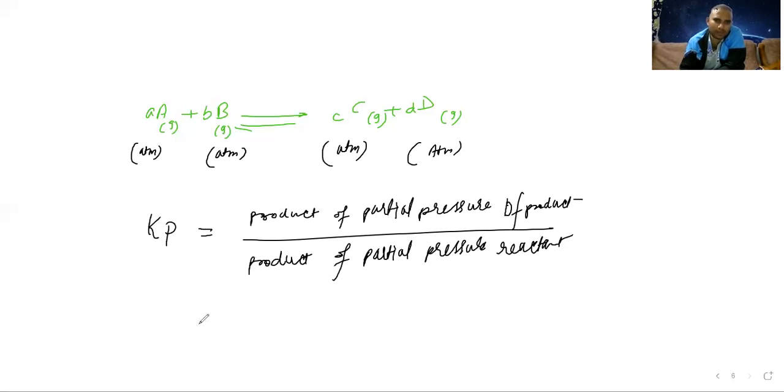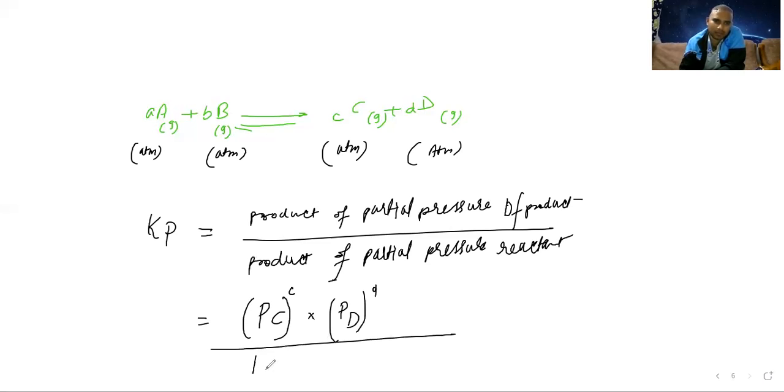So here, the partial pressure of products: Pc multiplied by Pd, with powers c and d, divided by Pa to the power a into Pb to the power b.